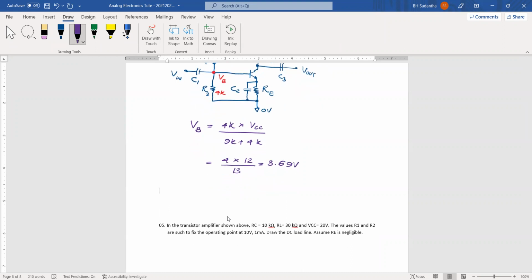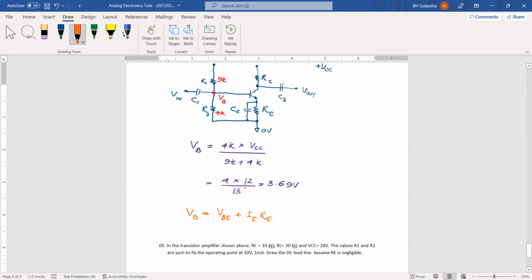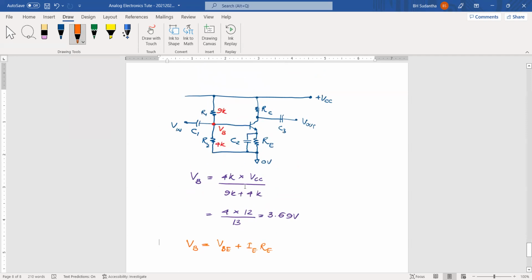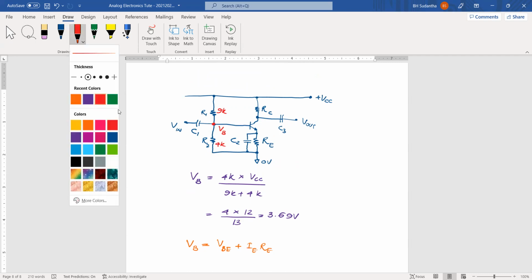Then we can write the equation VB equals VBE plus IE RE. Actually, what we are looking for is this current. Which current?